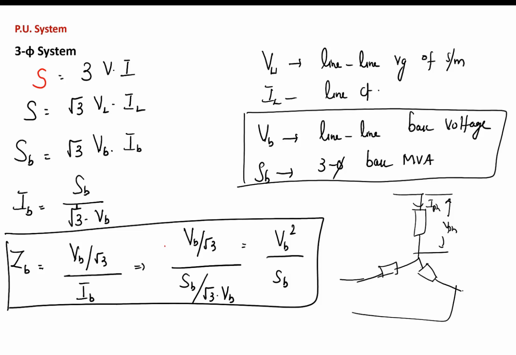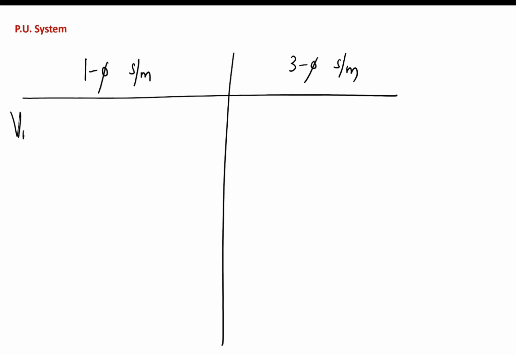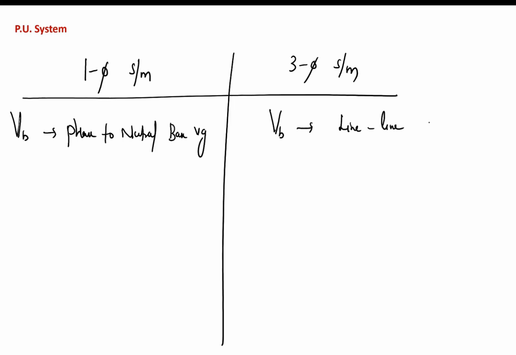So from this the remaining formulas will repeat in the same fashion, so we need not compute them. The only difference that you have to remember between single phase and three phase system is, in single phase system your base voltage is phase to neutral base voltage, whereas in three phase system your base voltage is line to line base voltage.